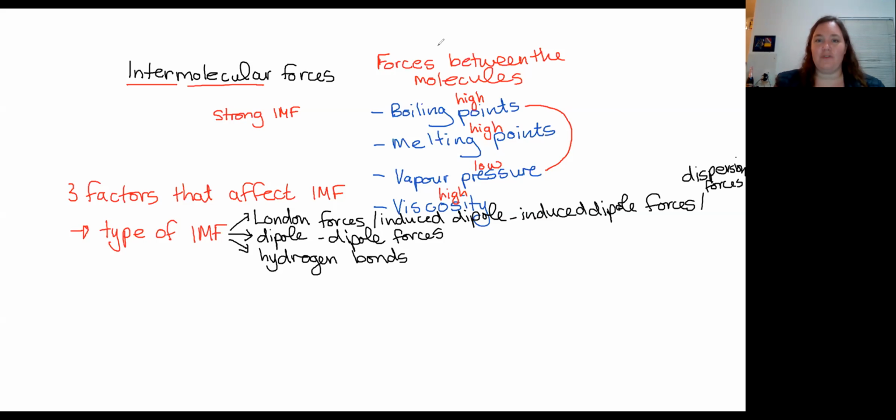So the factors that affect the intermolecular forces are the type of intermolecular force, which one of the three it is. I'm going to explain to you which molecules fit into each of these. It actually makes it really easy to know because you then just identify the homologous series and go snap, it's that one. The second thing that affects the strength of intermolecular force is the length of the carbon chain.